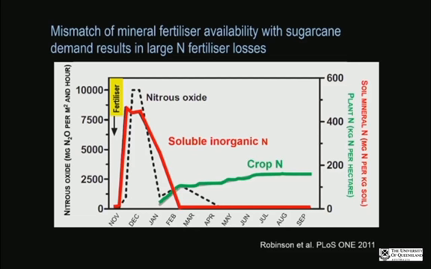So in other words, because we have such high levels of inorganic nitrogen, we get high levels of nitrous oxide emitted. The crop, on the other hand, keeps on taking up nitrogen later into the growing season. So there's obviously a mismatch here where the demand of the crop is quite low, but the availability of this very easily available and easily lost nitrogen is very high.